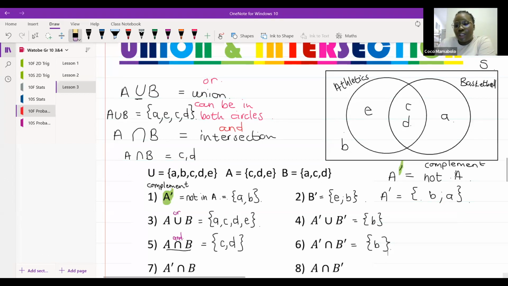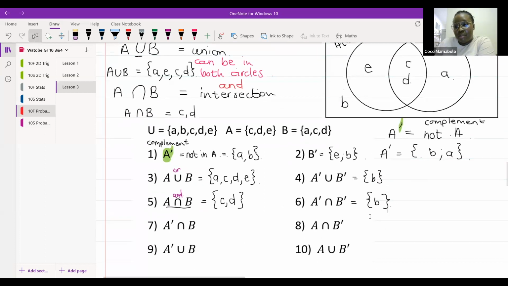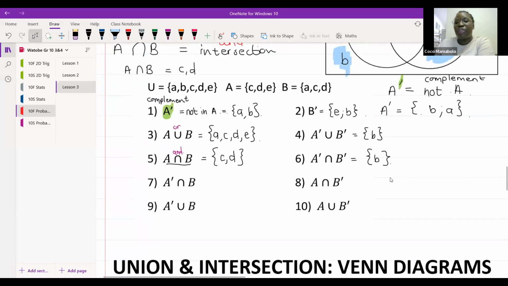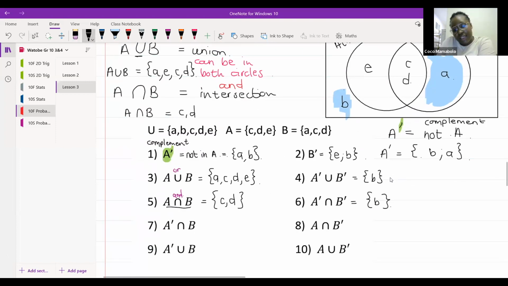But we also want the union of everything that's in B, and the complement of everything that's not in there. So it must be just A and B. Okay. Is it making sense? So we need to find what's not in it first in order to find out what it is.